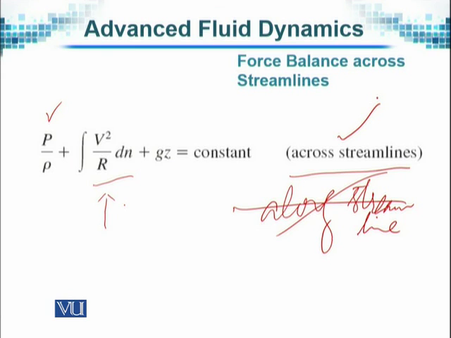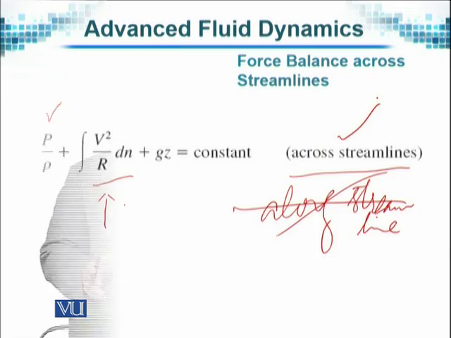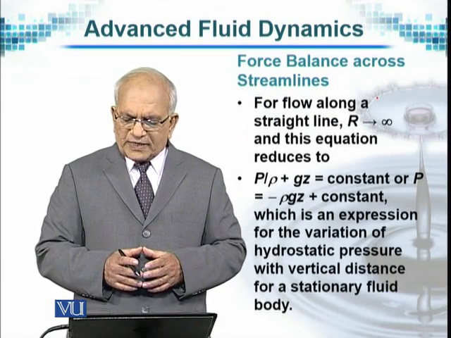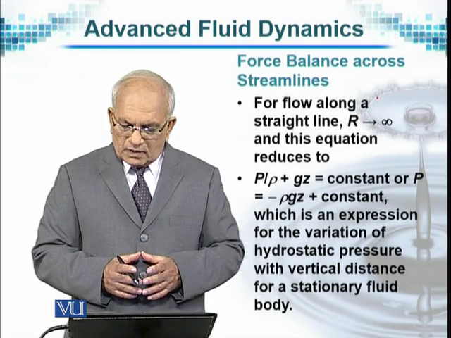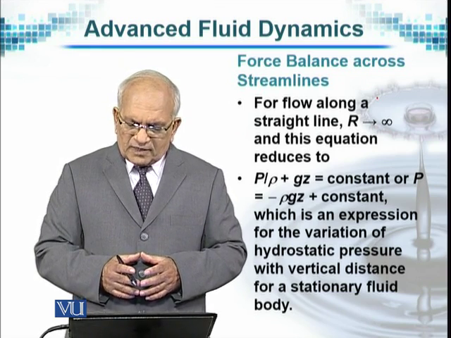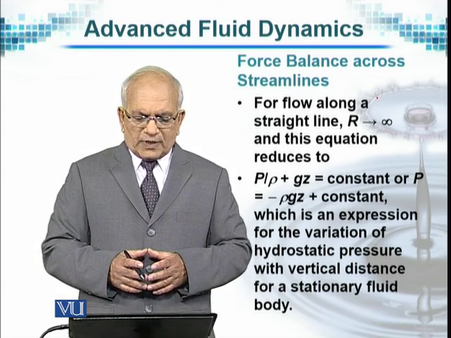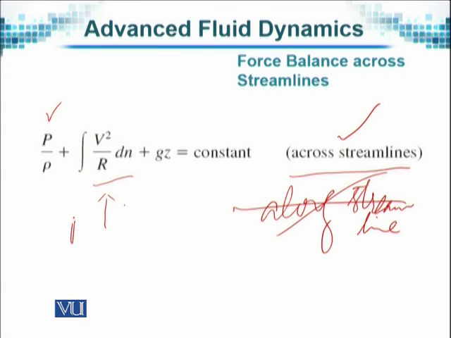So this small adjustment may be needed, but most of the time that we apply Bernoulli's equation, it is along the fluid flow streamline direction. So mostly that is what is used. For flow along a straight line, r tends to infinity, and therefore that term reduces to 0.